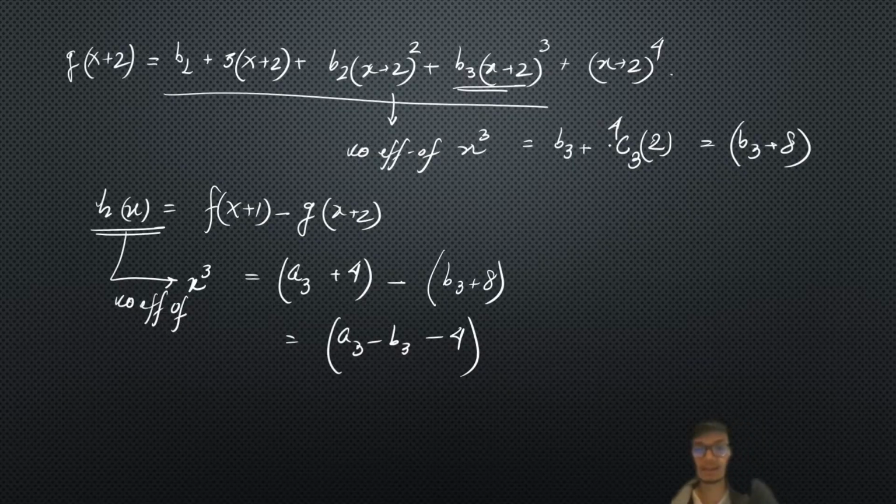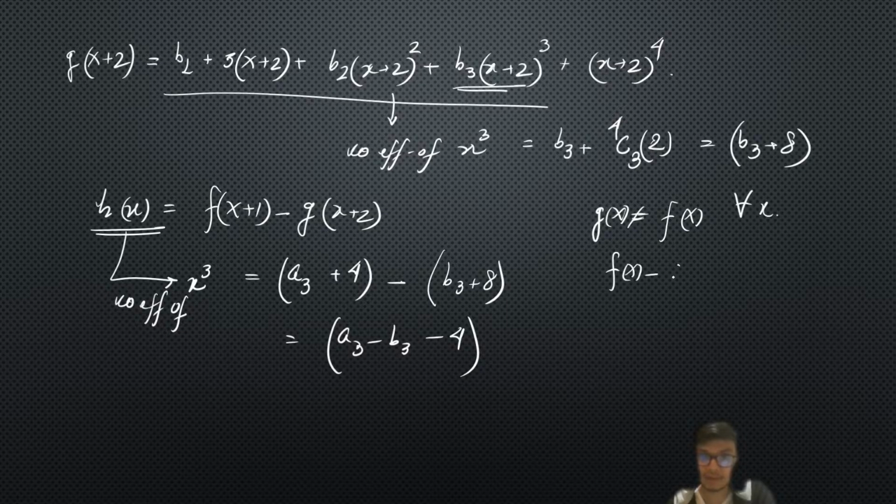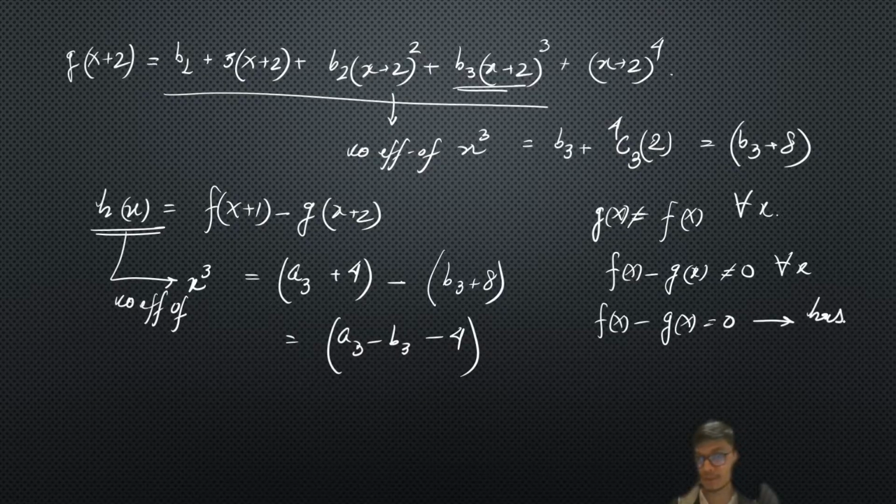Now it is also said that g of x is not equal to f of x for all x. If you have that, that basically means that I can also write f of x minus g of x is not equal to 0 for all x, which I can write as: this equation f of x minus g of x equal to 0 has no real root, right?